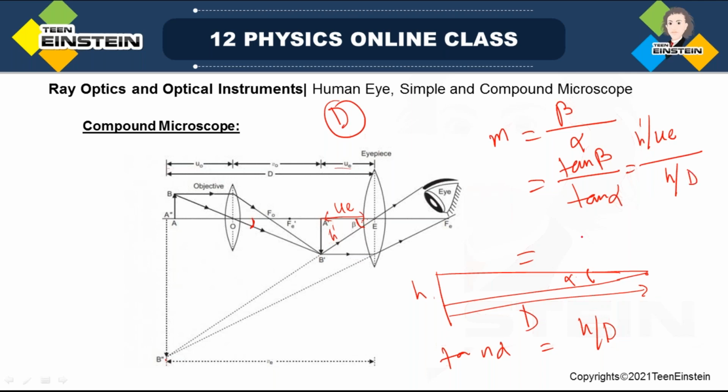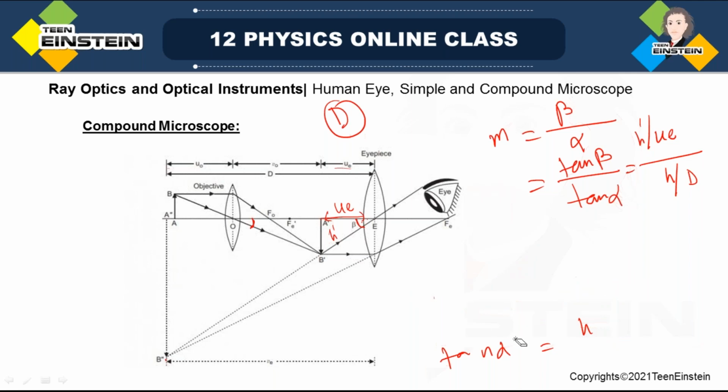Now one more point we have to see. So what we get from here is this. M is h prime into d divided by h into ue. Okay, we'll keep these two things. See, we know h by h prime.